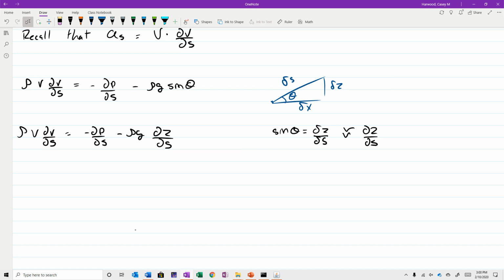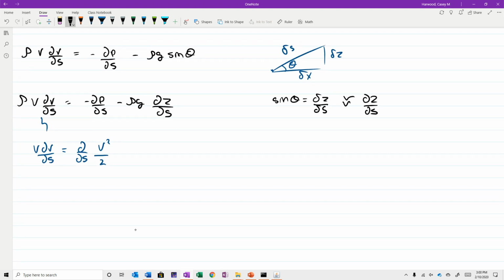There are some additional identities that allow us to turn these partial derivatives into total derivatives. We're not going to worry about those right now. It's starting to get a bit more involved. But there's one more identity that says that v dv ds can be written as d ds of v squared over 2.